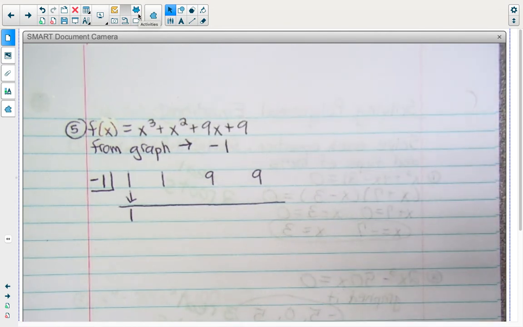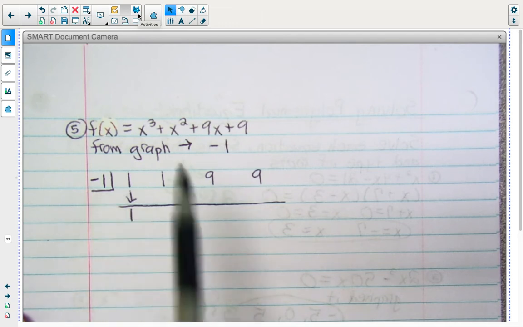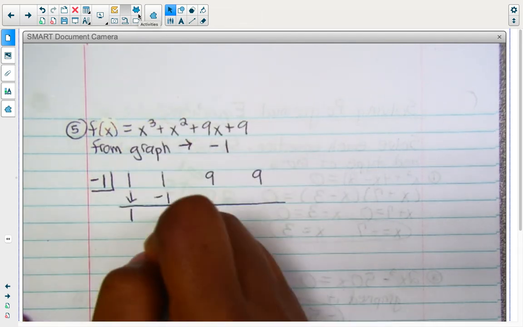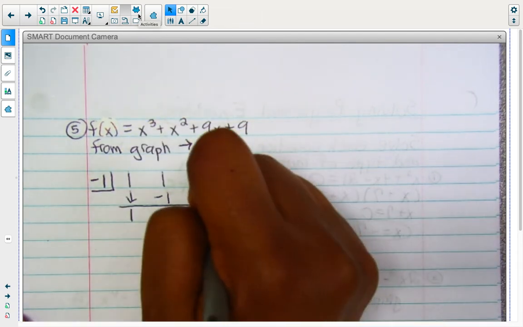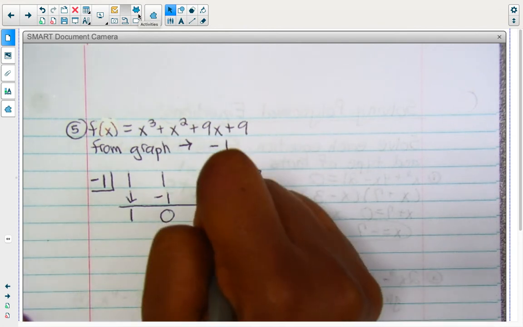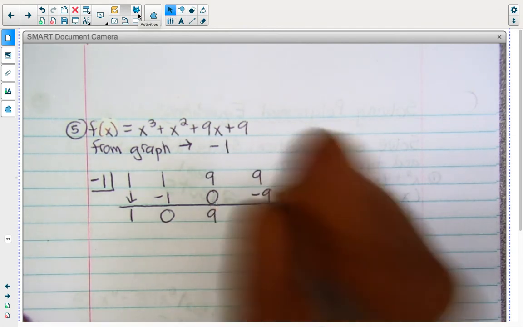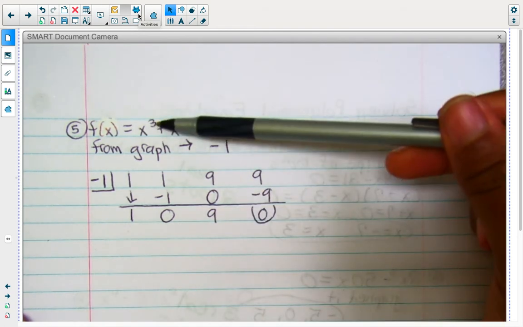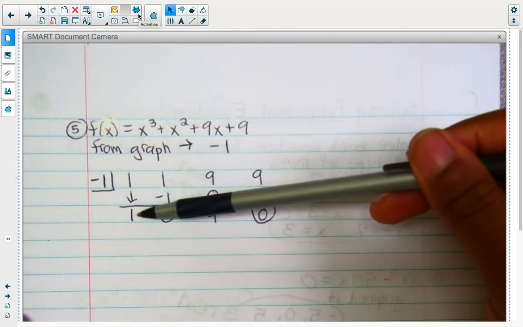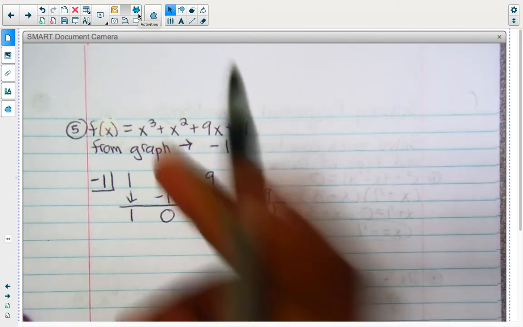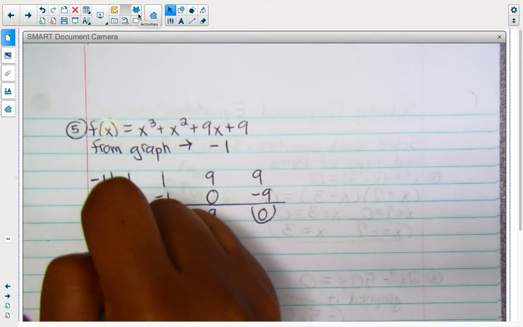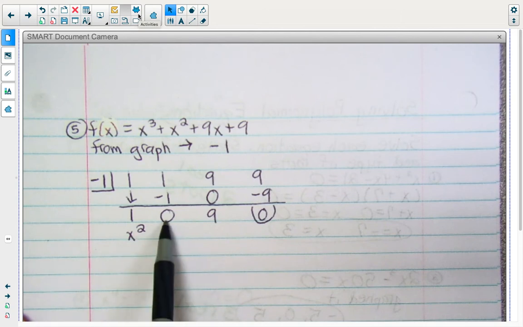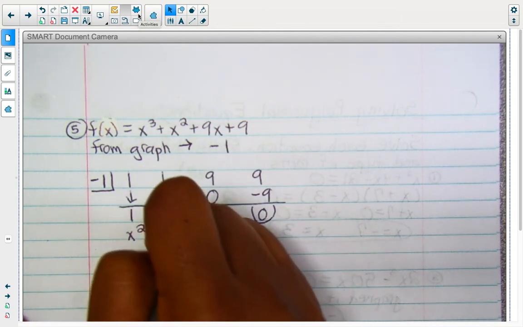We're going to multiply, add, multiply, add, multiply, add. We'll write our answer out. It started x to the third, so your answer starts 1 degree below where we started from. So this is going to be x squared plus 0x plus 9.